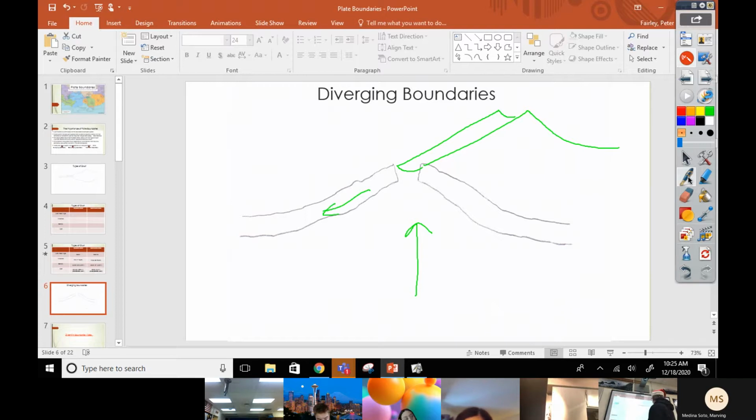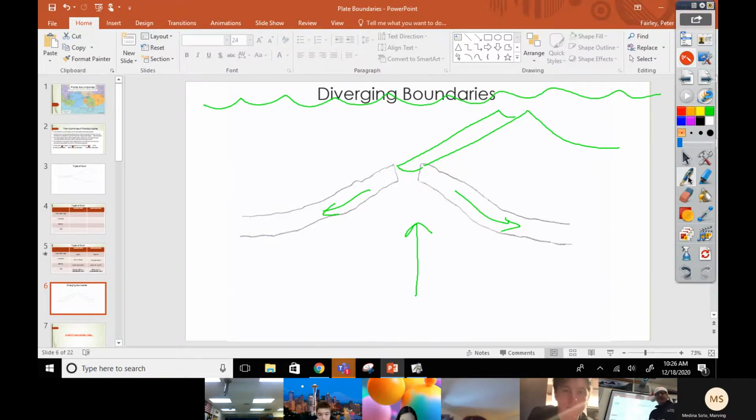And then everything gets dragged to the side. And as this occurs, this sea floor grows bigger and bigger because this whole thing is underwater. Usually, we can find it on land too. There's this place in Africa where this is happening. But this is a diverging boundary.